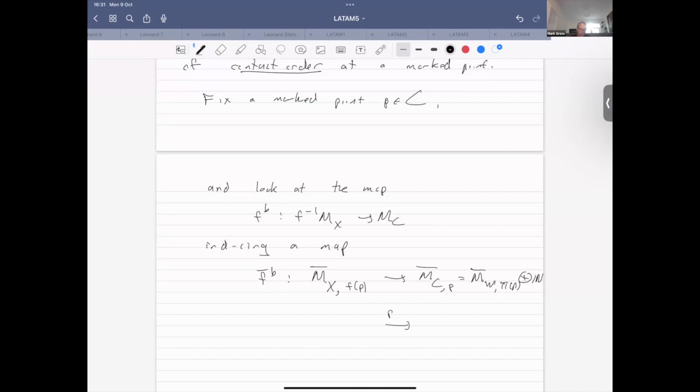And now we have projection onto the second factor.